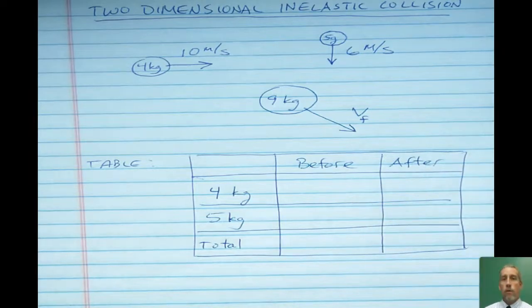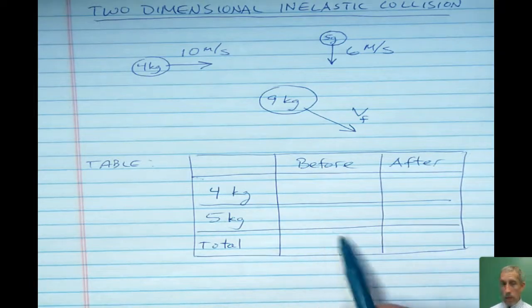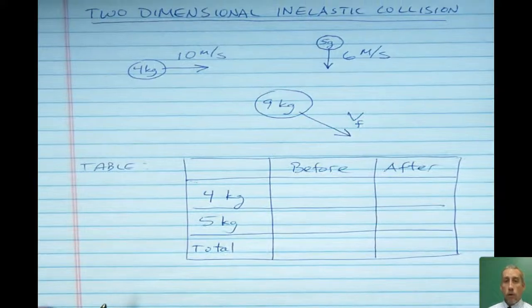Often those are referred to as initial and final. So this cannot be just a number in each of these. This has to be a vector that describes both the magnitude, that's the number and the unit, plus the direction piece. So I'm actually going to draw an arrow into each of these boxes.